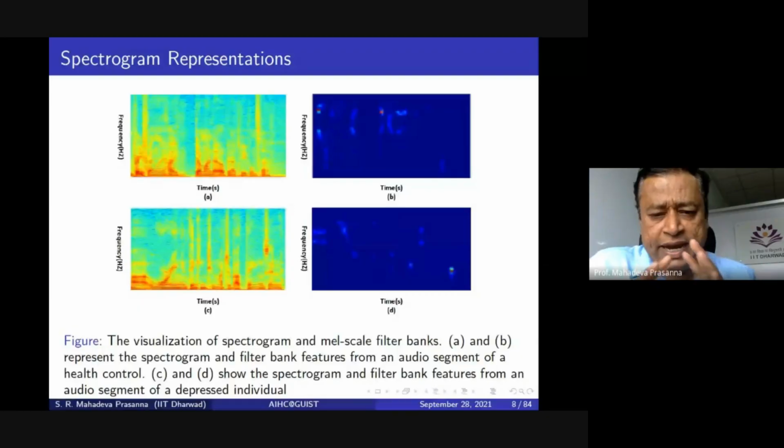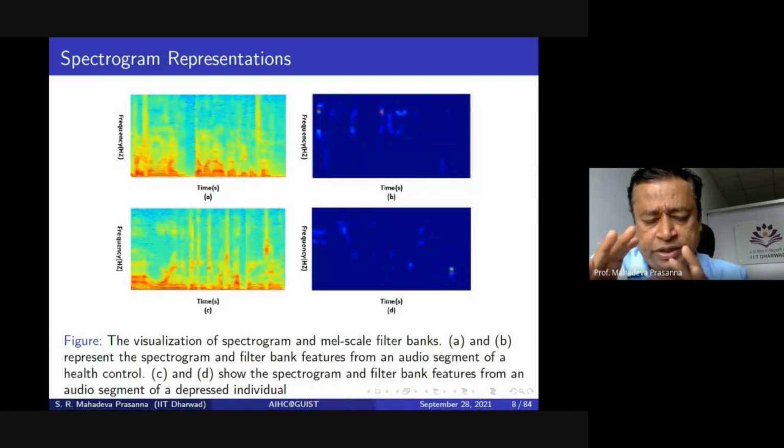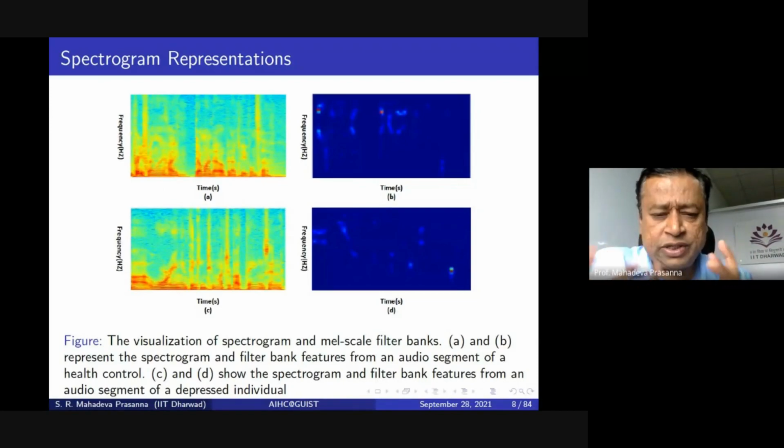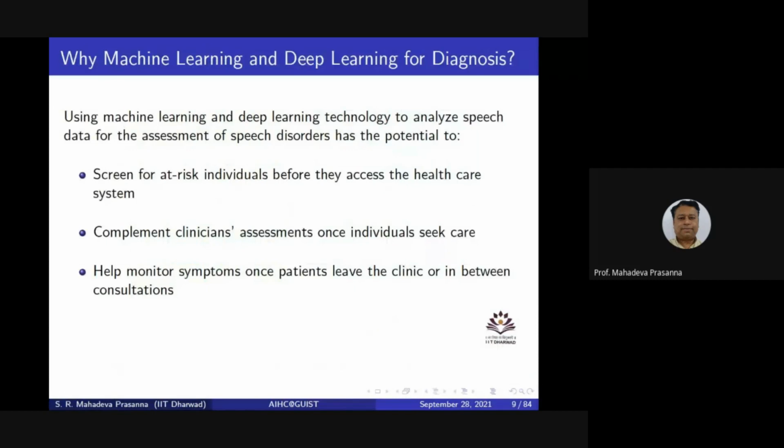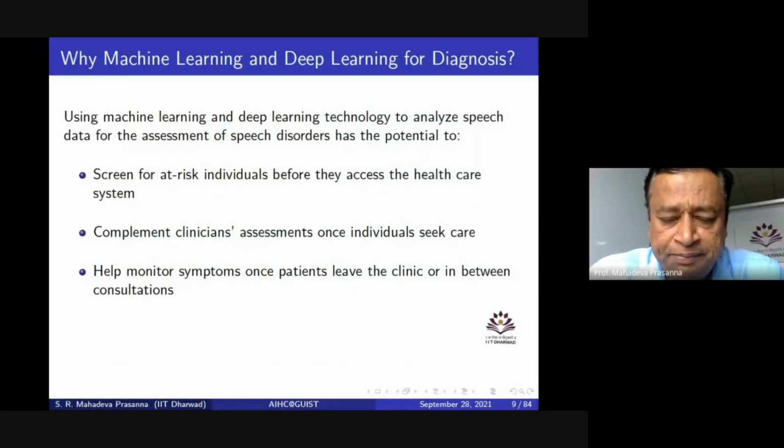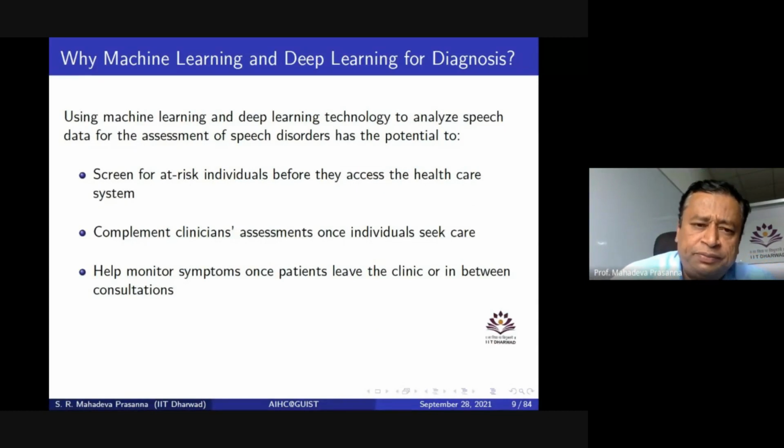Any deviation in the production system, due to a cognitive or physiological process, gets manifested as a biomarker in the speech signal. So that shows that it is indeed possible to use the speech signal for health diagnosis.